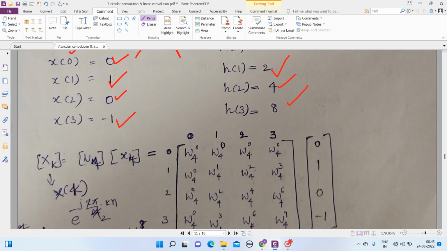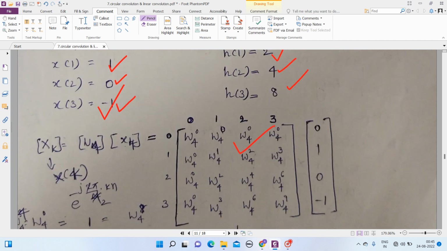Thereafter you have to find out the x of k for the x of n sequence, right? So using the matrix method, I have determined the values of x of k for x of n.